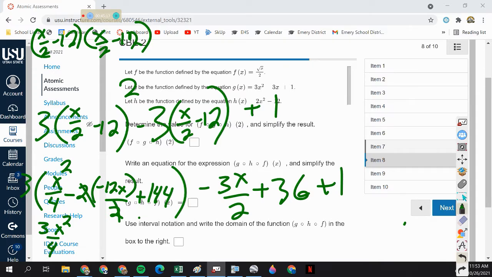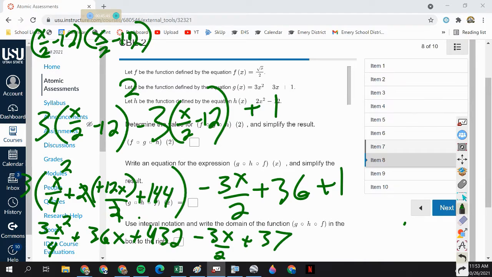Those twos cancel. The two negatives cancel. So I get plus 36x plus, I don't know what that is. 144 times 3 is 432 minus 3x over 2 plus 37.